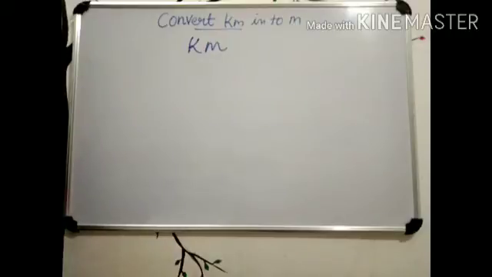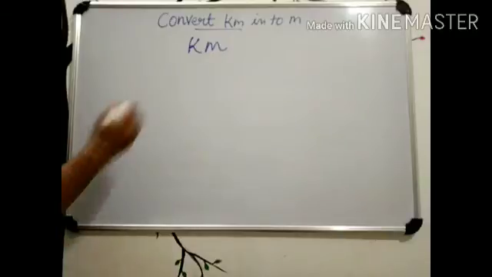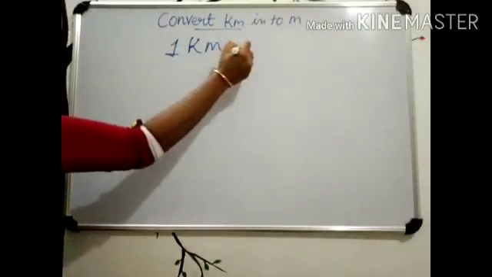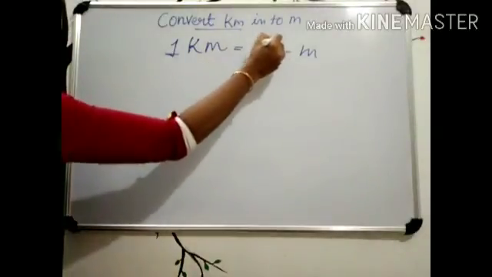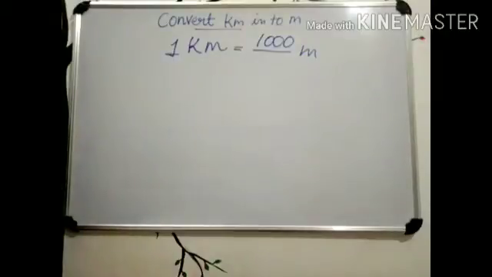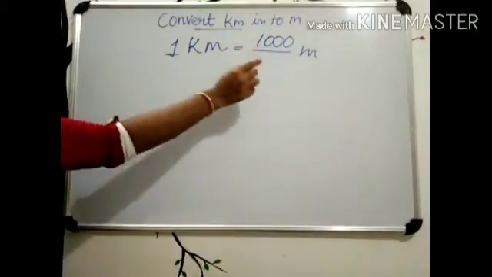So you know that one equation, that is 1 kilometer is equal to how much meter? Tell me students, you have already learned in your third standard. Yes, 1 kilometer is equal to 1000 meter, isn't it? So today we are going to discuss how to convert kilometer into meter. What do we do to convert kilometer into meter?